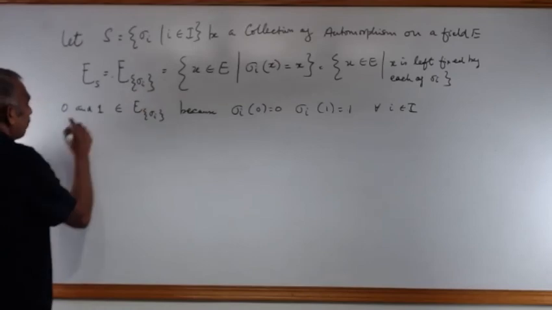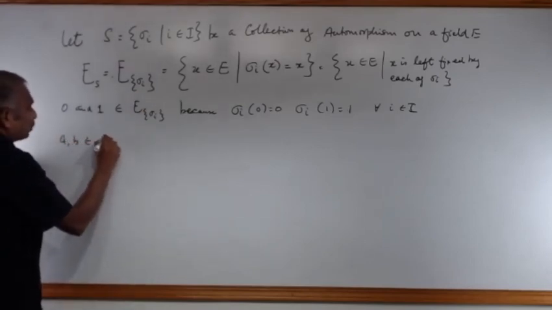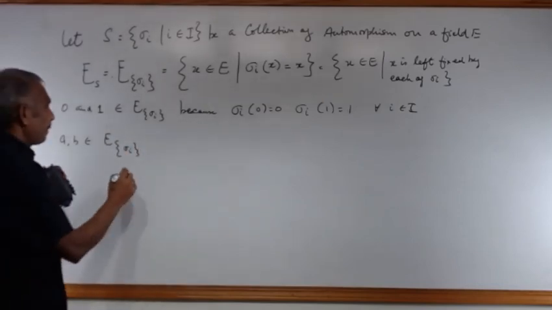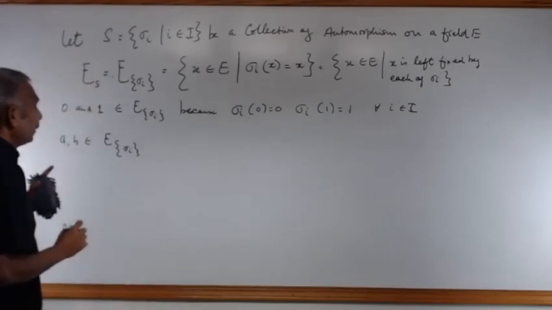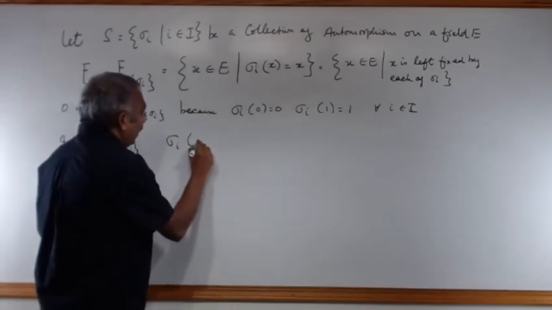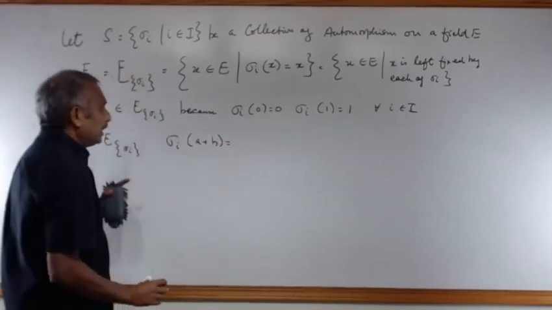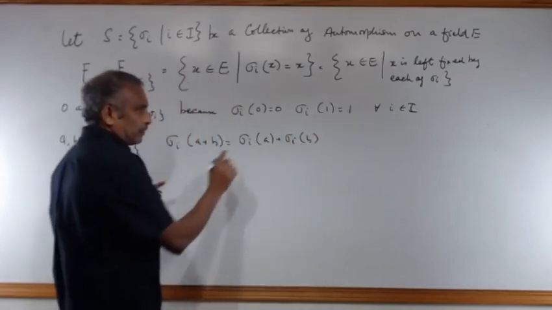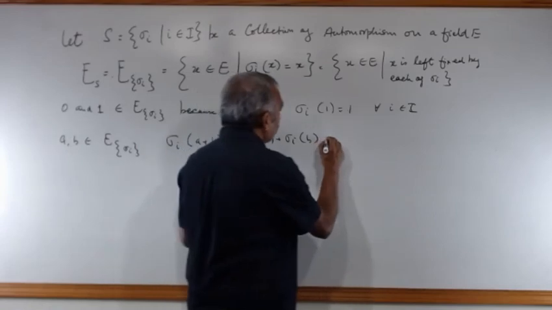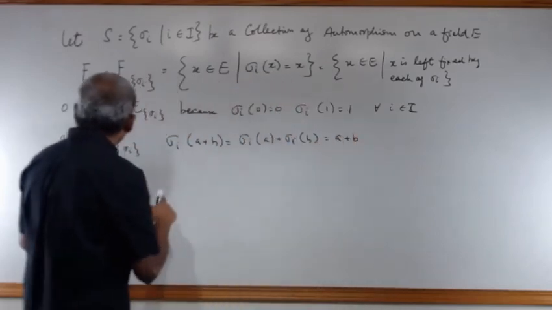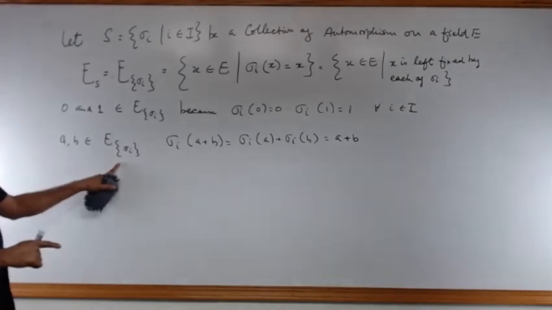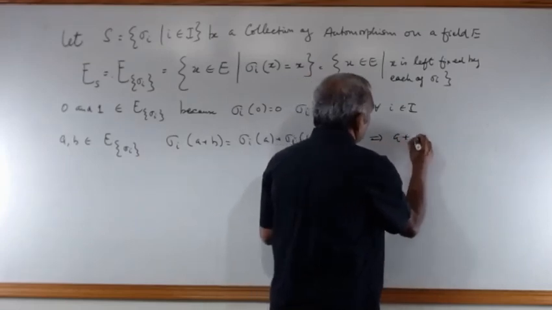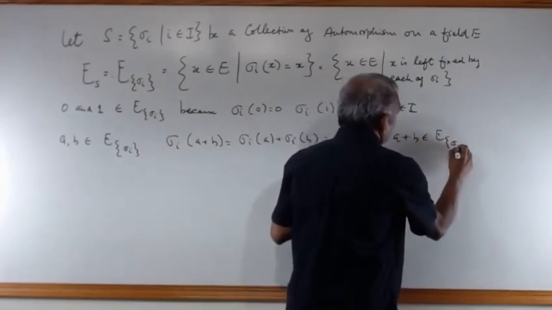Now consider two elements from here, a comma b belongs to E sigma i. Then what will be sigma i of a plus b? That is equal to sigma i of a plus sigma i of b, because it's an isomorphism or automorphism, and that is equal to a plus b because a and b are coming from E sigma i. So a plus b belongs to E sigma i.